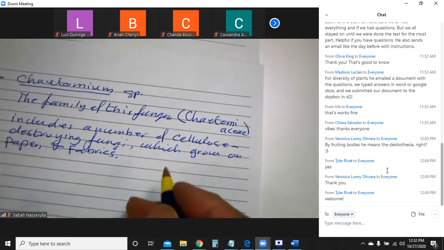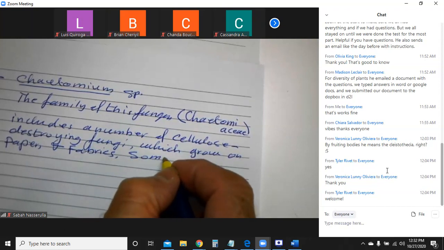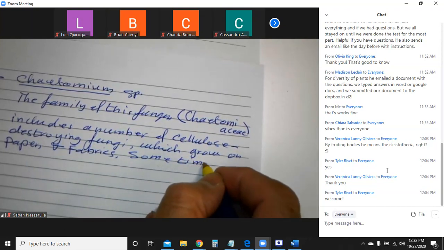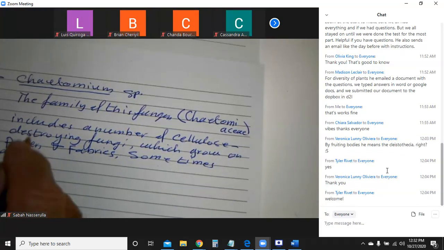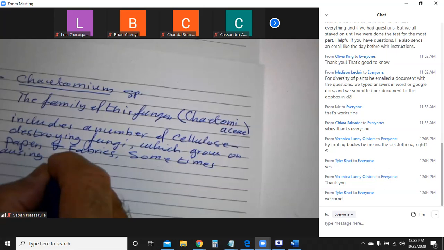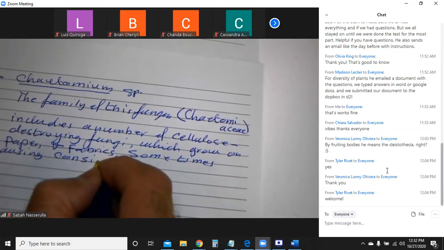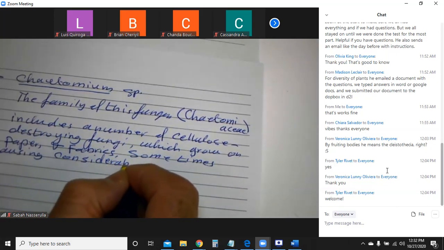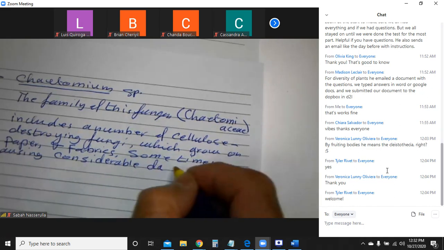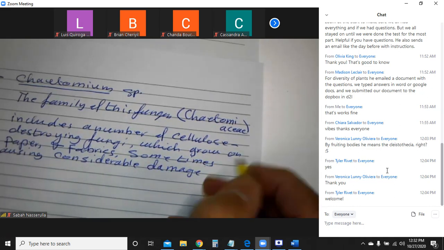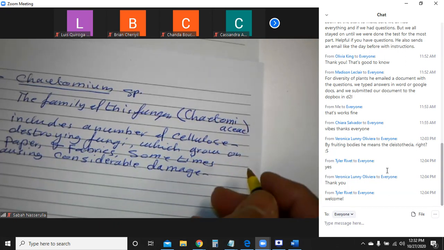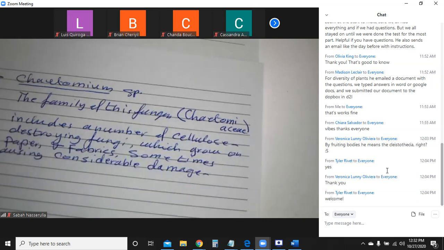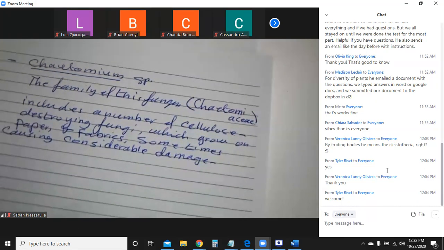And sometimes, as I mentioned to you, causing considerable damage. Also, as long as they take cellulose, they can grow on hay and straw and so on.